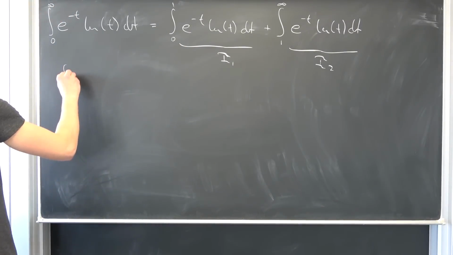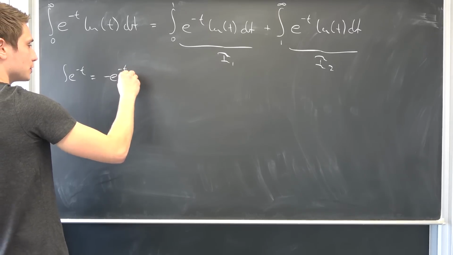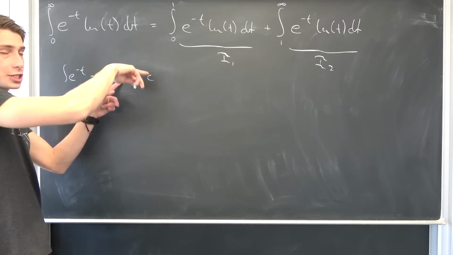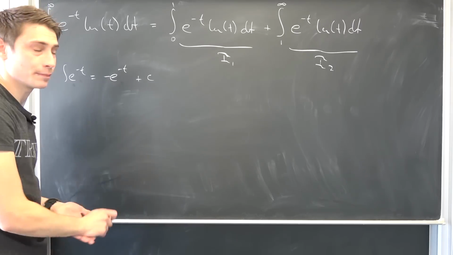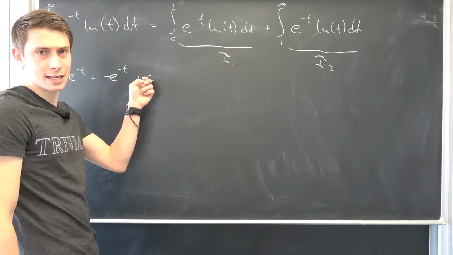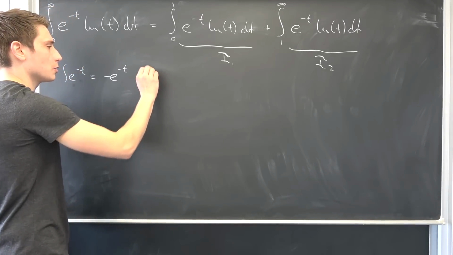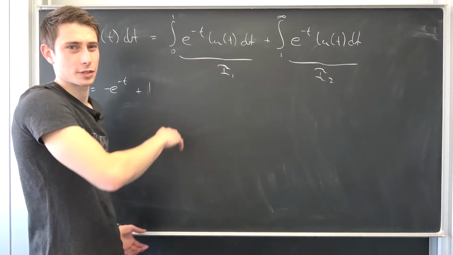So I want you guys to consider the primitive of e to the negative t. So if you integrate e to the negative t, you're actually going to end up with negative e to the negative t plus some arbitrary constant c. Okay, meaning if we differentiate this primitive, we're going to end up with our e to the negative t once again. We can use any constant we want, but now I would like to consider this constant as being just 1. You can probably also make use of Taylor series expansion.